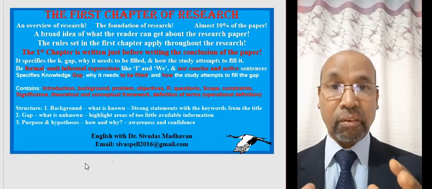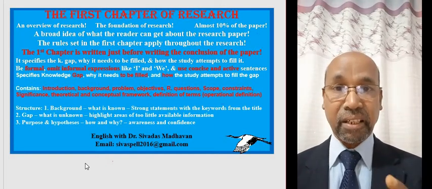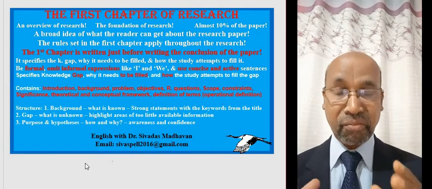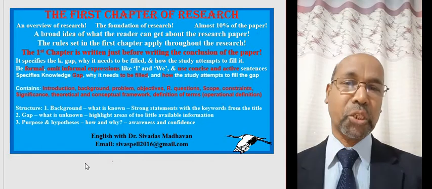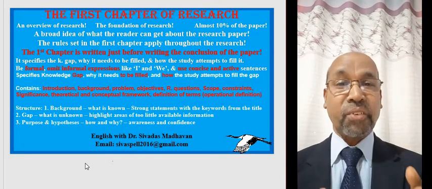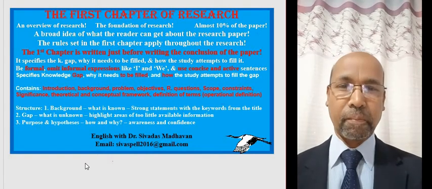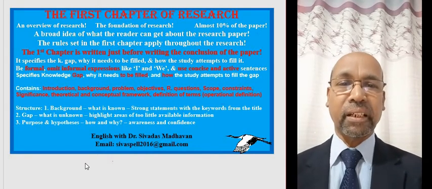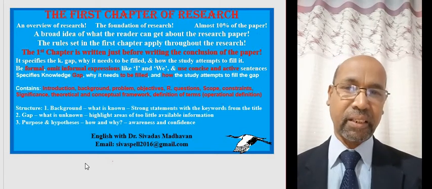So, a very important, systematic way of writing the first chapter will enhance the quality of the research paper. And a research paper is very formal writing. Informal expressions are not allowed. Informal expressions like the first person pronouns I, we, etc. will be avoided.